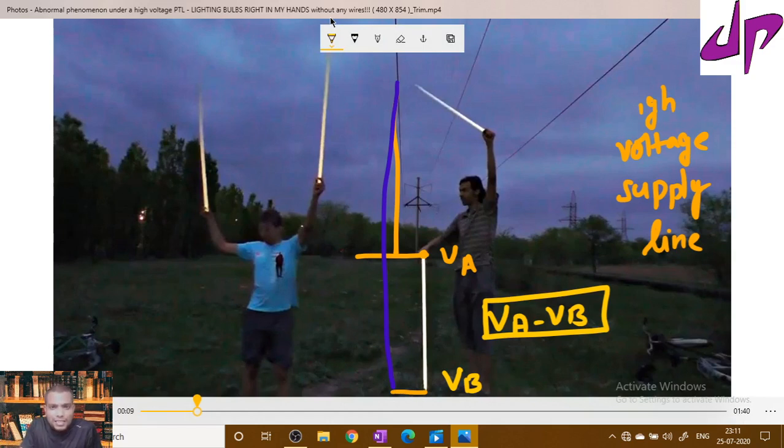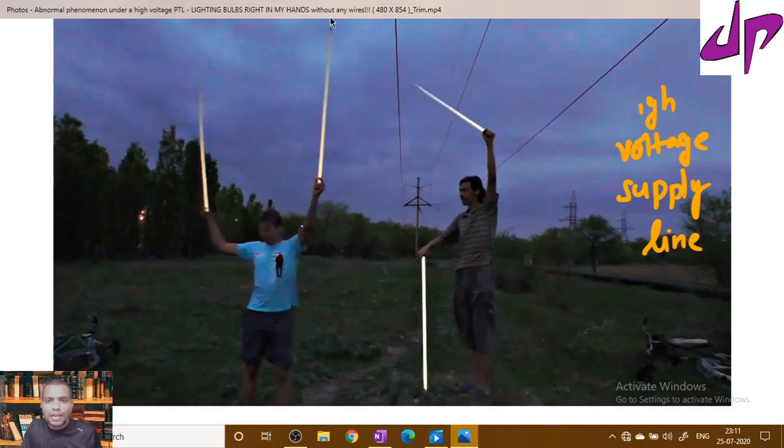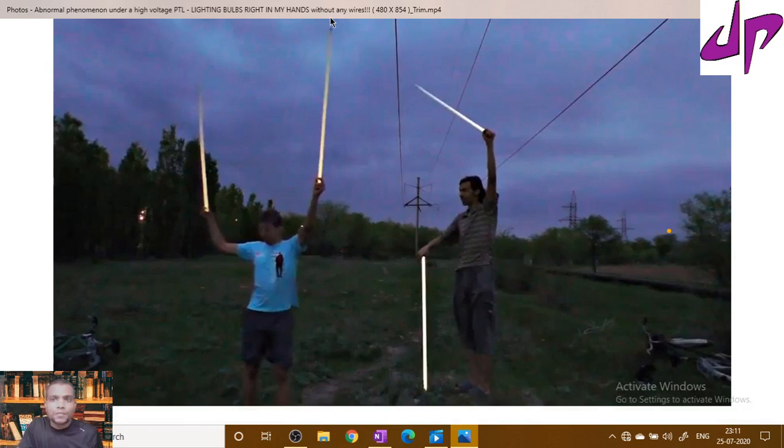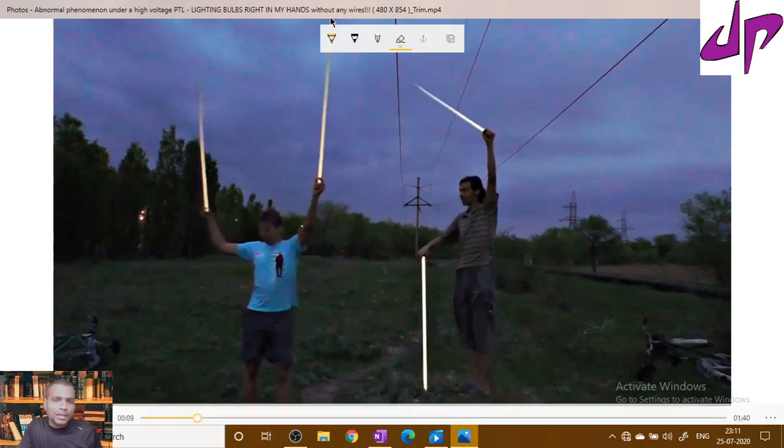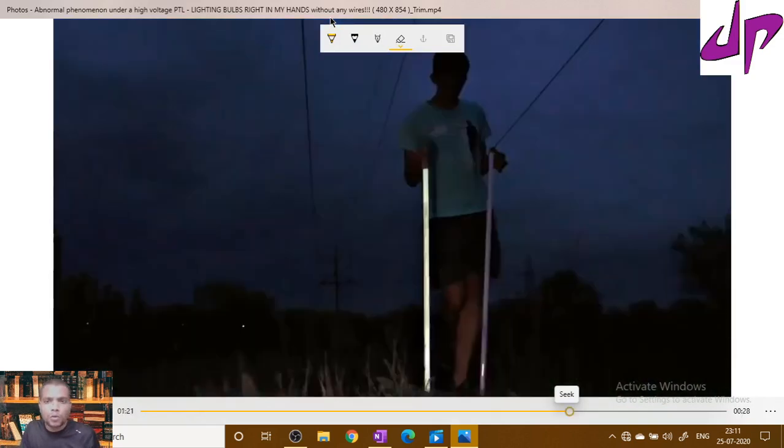That is the reason these tube lights glow in this open environment: the high voltage line is creating an electric field in this environment. That electric field has different potentials at different locations, so the potential differences cause the bulbs to glow.